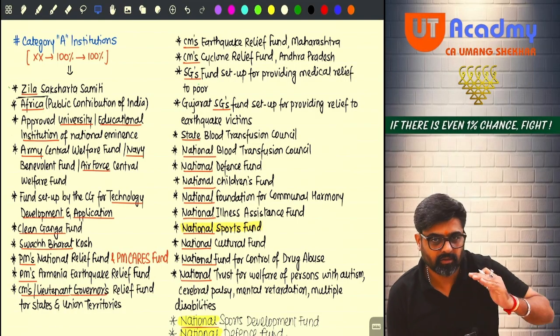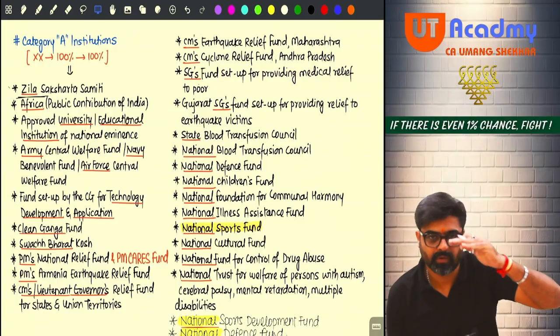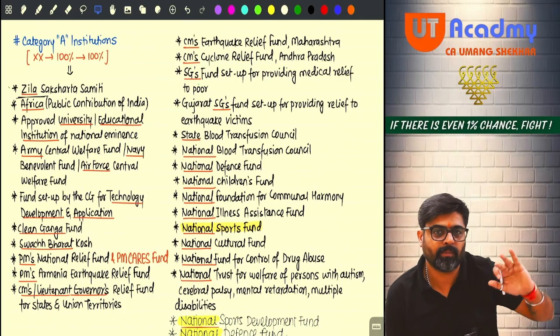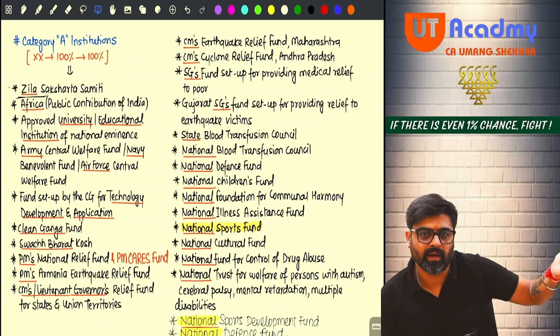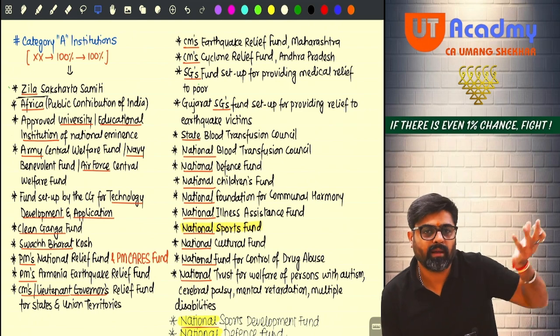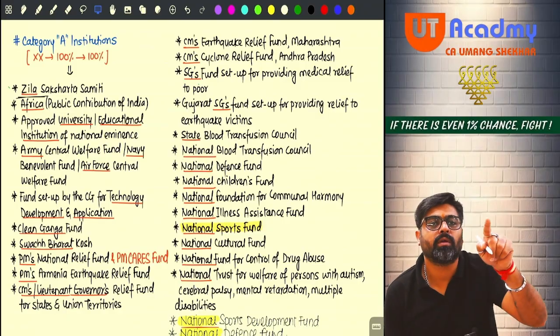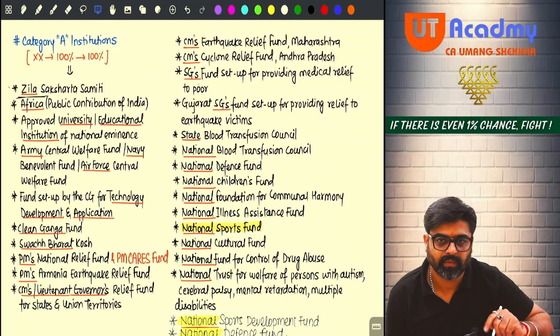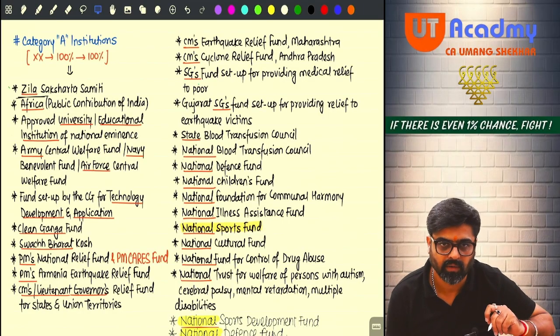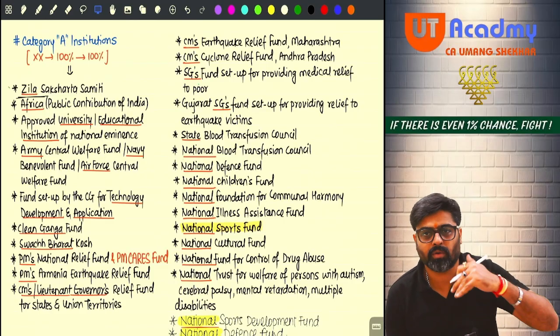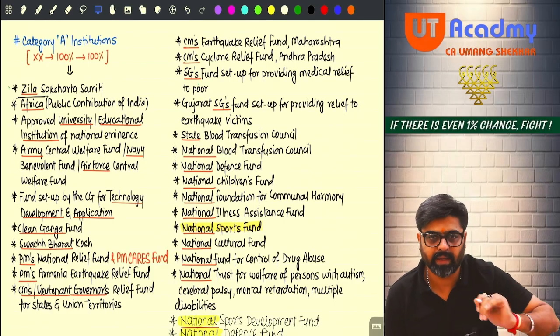Okay, it is given as help to Africa from our side. So the help which is given to Africa from India, to give that help, the money comes from this fund known as Africa Public Contribution of India. That is a fund set up by the government of India. Okay, no? So if you contribute to this fund, that is category A.